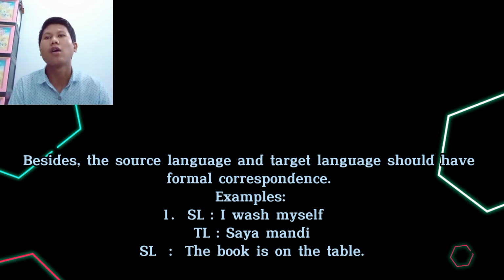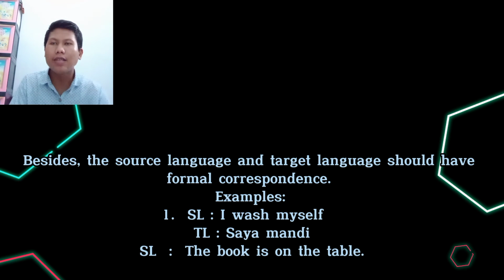For example, for the SL: I wash myself. I is the subject, wash is the verb, and myself is the object. And then for the TL: saya mandi. The TL is the meaning of I wash myself. Saya is the subject and mandi is the predicator.